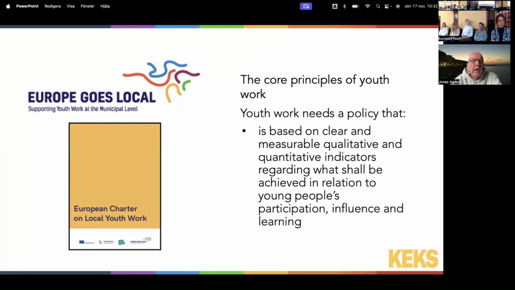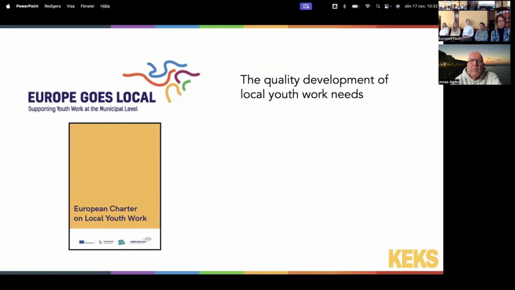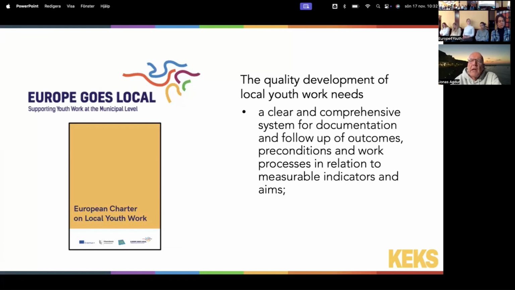It needs indicators on the core focus areas of youth work, that is young people's participation, influence, and learning. And the quality development of local youth work needs a clear and comprehensive system for documentation and follow-up of outcomes, preconditions, and work processes in relation to measurable indicators and aims.